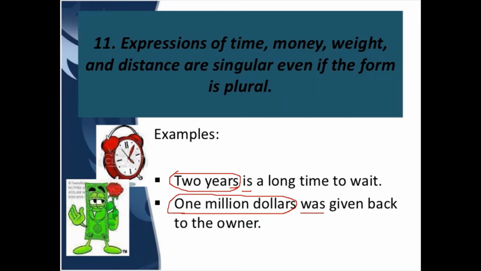So you may wonder why the verb used in the sentence is "was" and not "were", because even if the subject is in plural form, the subject is regarded as a singular subject. It is considered a singular subject because it expresses an amount of money. So when the subject expresses money or an amount of money, then it must take a singular verb. So that is about rule number 11.